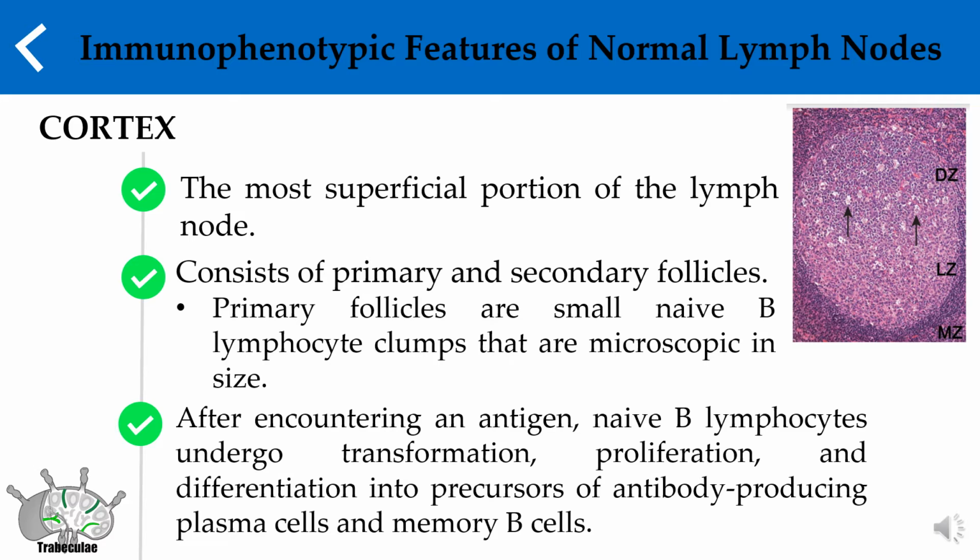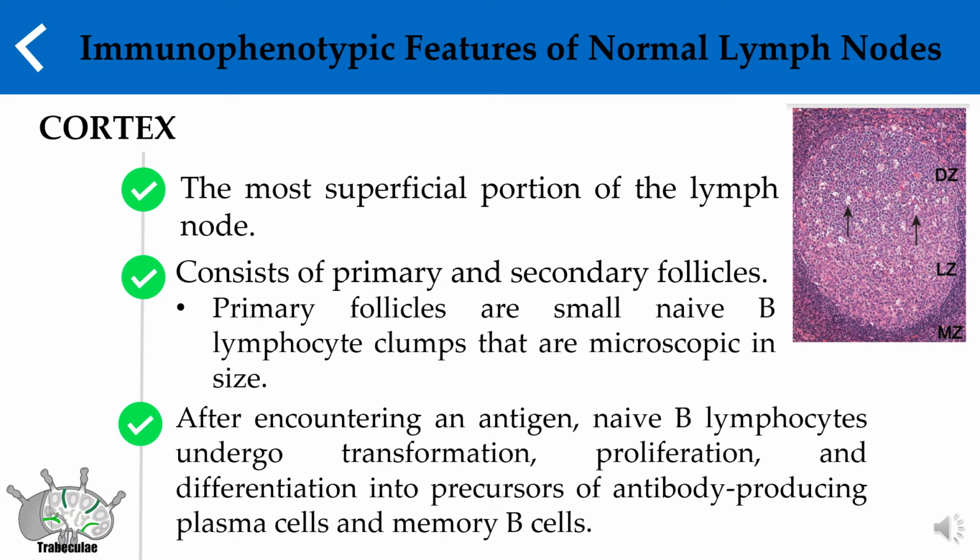First on the list is the cortex. The lymph node is encased in a fibrous tissue capsule. The cortex is the most superficial part of the lymph node, located just underneath the capsule. Primary and secondary follicles make up a component of the lymph node. Primary follicles are small naive B lymphocyte clumps that are microscopic in size.